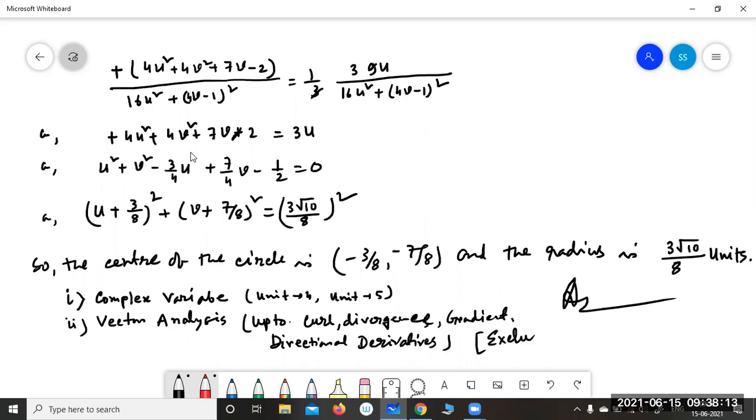The excluded part is Green's theorem, right? And your question will not be the same as for CSE. Green's theorem, Stokes theorem, and Gauss theorem are excluded.